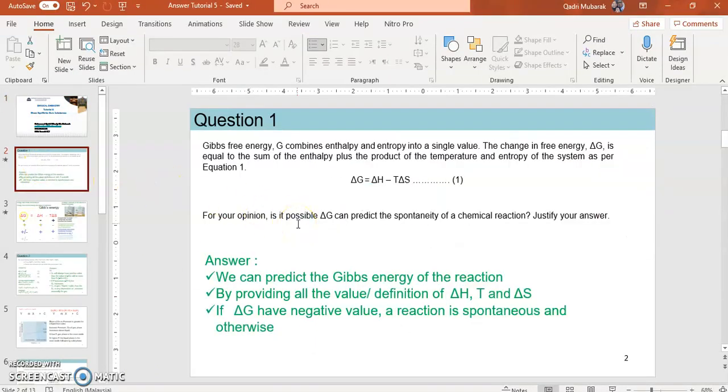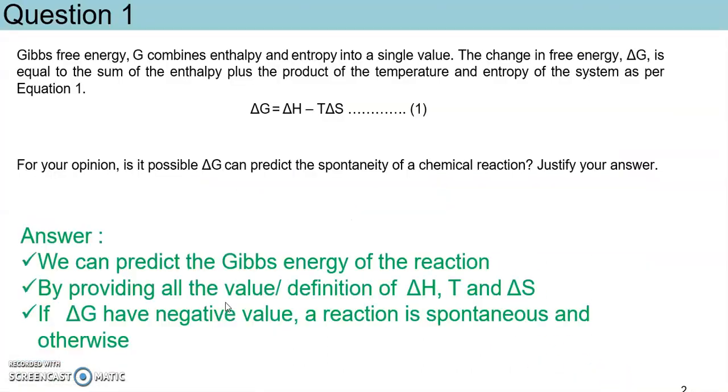Okay, so we know that we can use this equation to predict the Gibbs energy of the reaction by providing all the definition and value of delta H, T, and delta S. By giving all the definition of enthalpy, temperature, and also entropy, we can get the value of delta G. So the value obtained, either positive or negative, will determine the spontaneity of a chemical reaction.